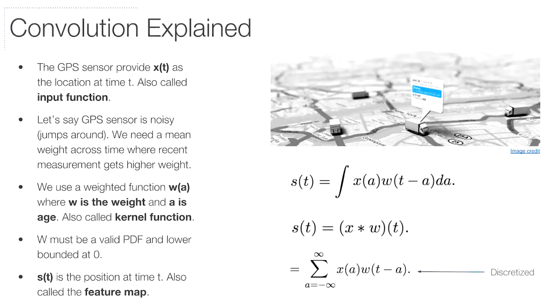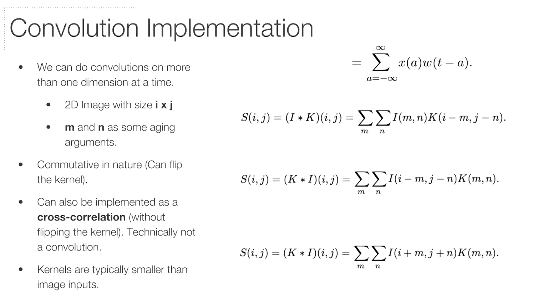The important part is to understand that it doesn't have to be one-dimensional. Currently, this example shows that time or age is one dimension that we need to work on. But it can also be an image, a two-dimensional image, i and j.